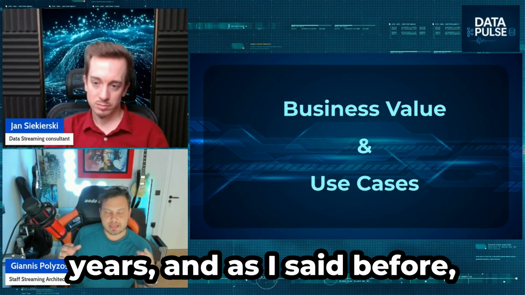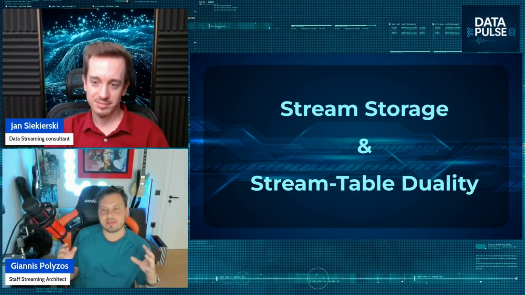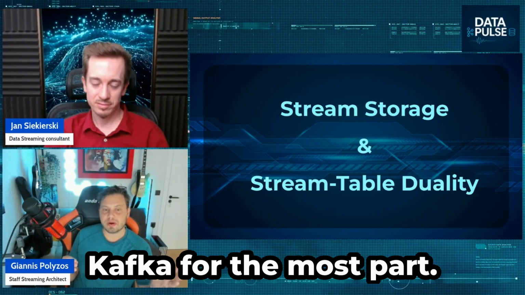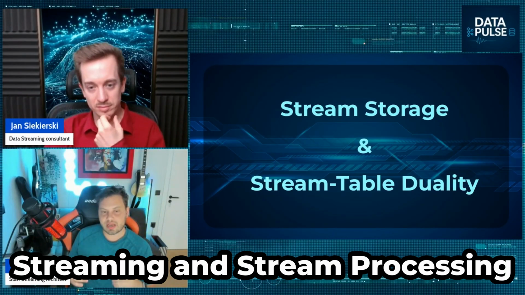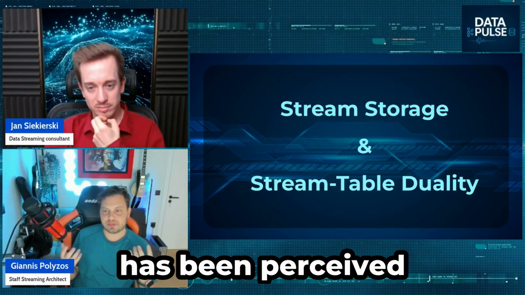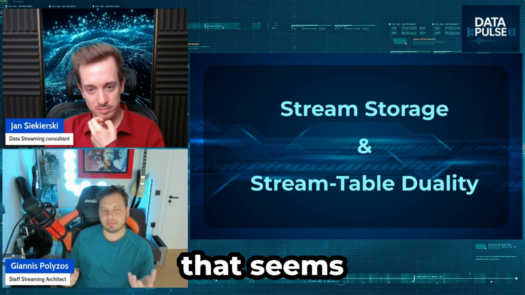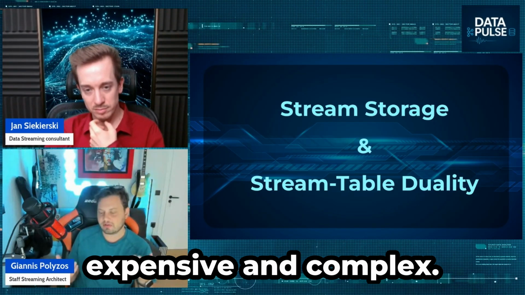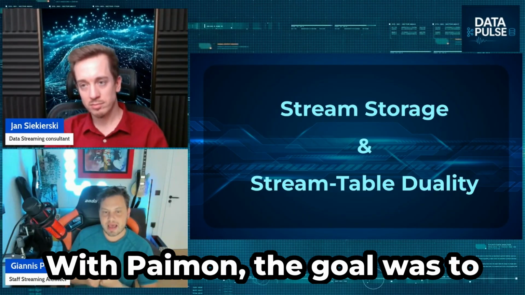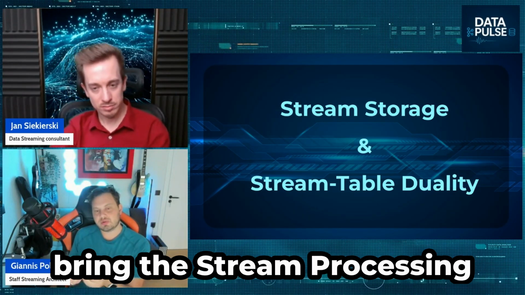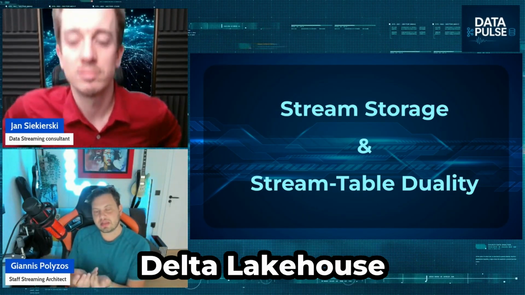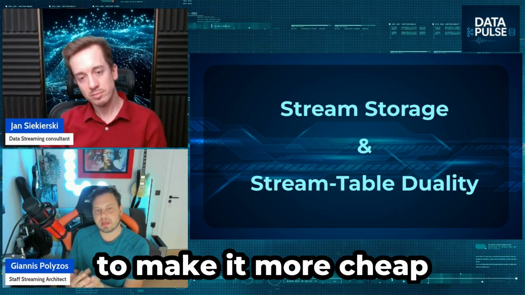For years, the only solution we had was Kafka and Flink, right? And this is also because of Kafka for the most part. Streaming and stream processing has been perceived as something expensive and complex. With Paimon, the goal was to bring the stream processing with Flink directly on the data lakehouse to make it cheaper and more cost efficient.